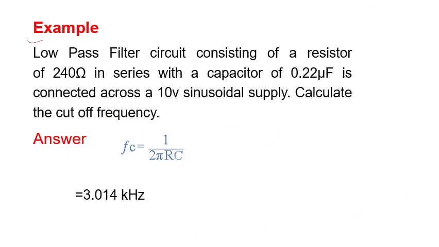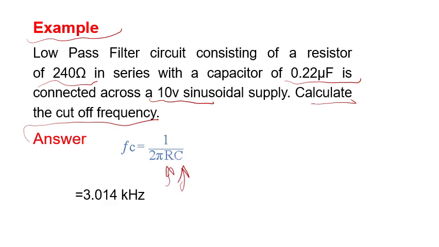In this example, it's very simple. It's a low-pass filter with a resistance of 240 ohm and a capacitance of 0.22 microfarad connected across a 10 volt sinusoidal supply. Calculate the cutoff frequency. I don't need the supply because he wants only the cutoff frequency. For the cutoff frequency, I need to know the value of the resistor and the value of the capacitor.